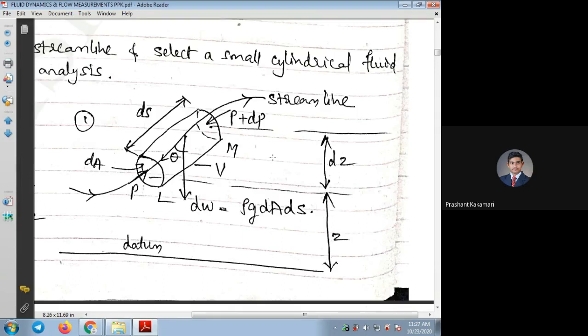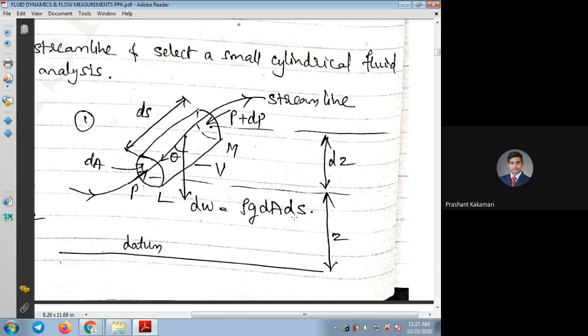And the total weight of the fluid particle, all of you know, and the weight of the small element of this fluid particle considered for the derivation, he has taken as rho g dA into ds. So recall how to find the weight for a given liquid.